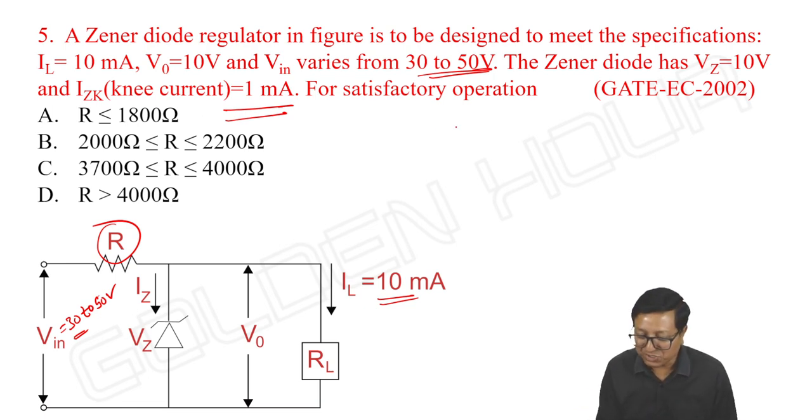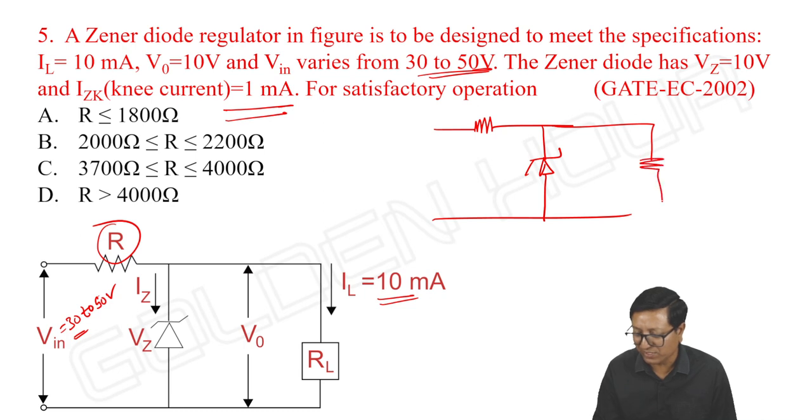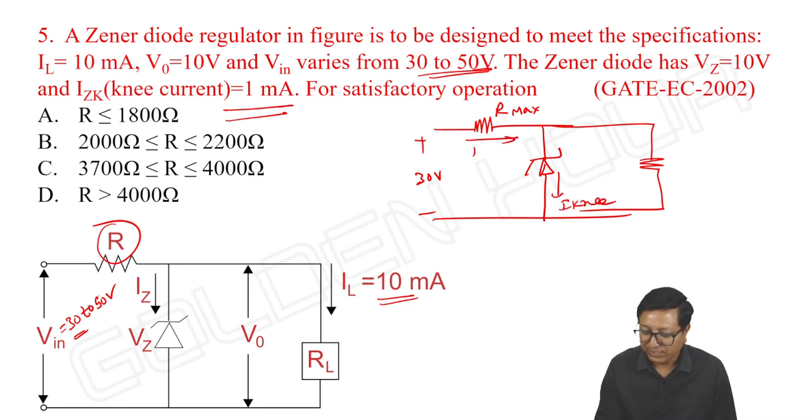So what should we write here? If I take this circuit, we did this one already, the first case. Input should be 30 volts, and IZ minimum is given, the knee current, and hence I is minimum. I minimum means you will get R maximum from input minimum.